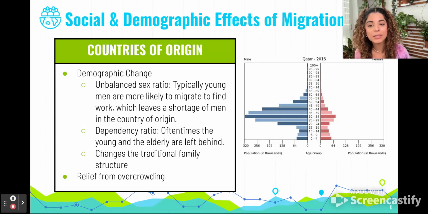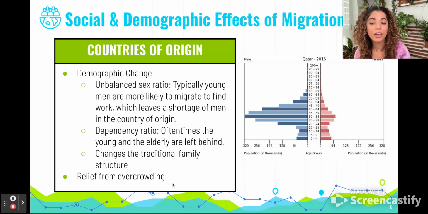Dependency ratio, sometimes the young and elderly are not as able to be cared for. And then also changes in the traditional family structure. If the young father decides to leave to work to send remittances back to his family, then that traditional family structure is different. It's changed.